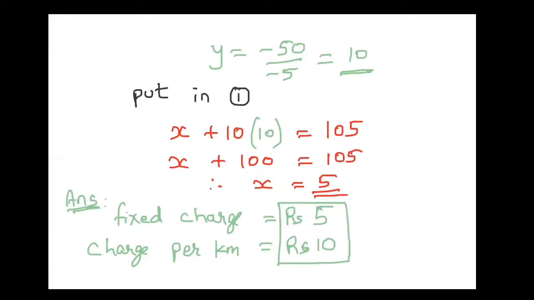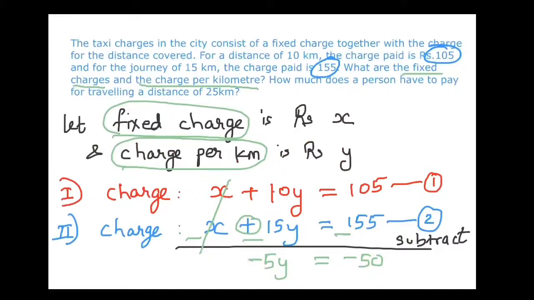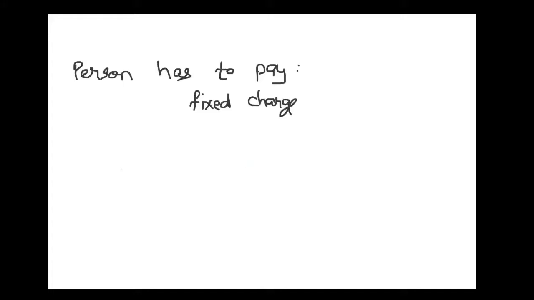Now still there is a second part in the question. How much does a person have to pay for traveling 25 kilometers? So a person has to pay fixed charge plus charge per kilometer for 25 kilometers.